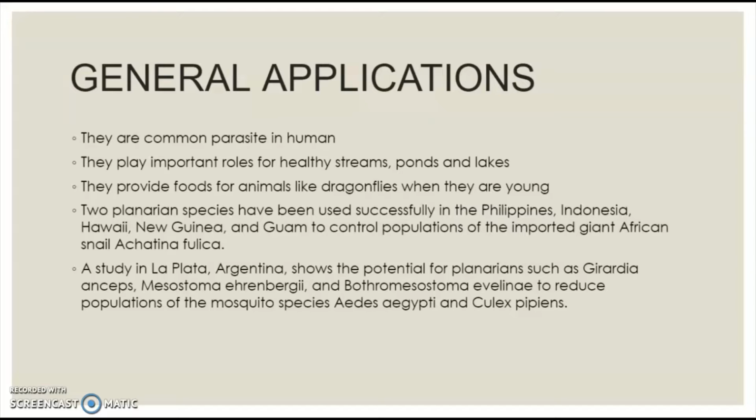And last one, a study in La Plata, Argentina shows the potential of planarians such as Girardia anceps, Mesostoma ehrenbergii, and Bothromesostoma evelinae to reduce the population of mosquito species Aedes aegypti and Culex pipiens.